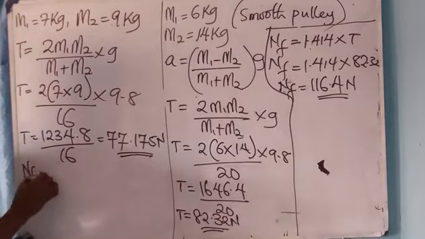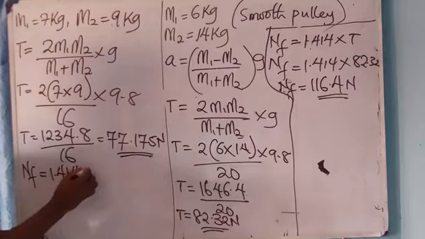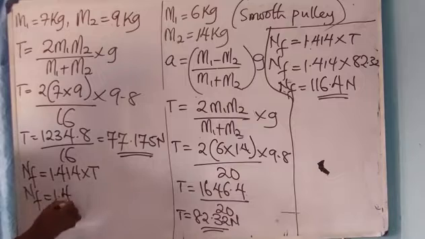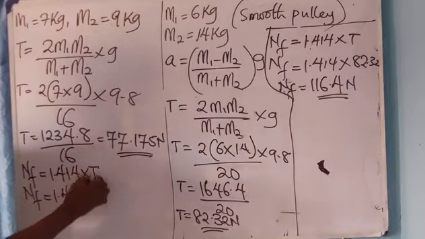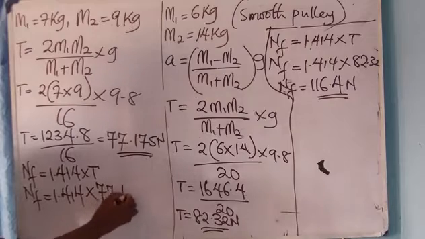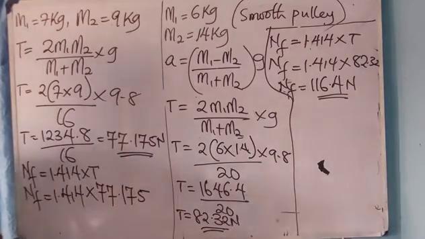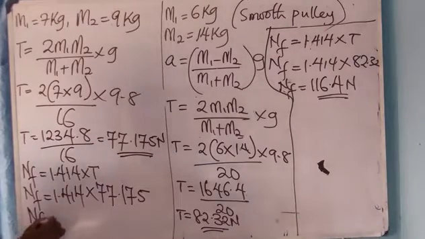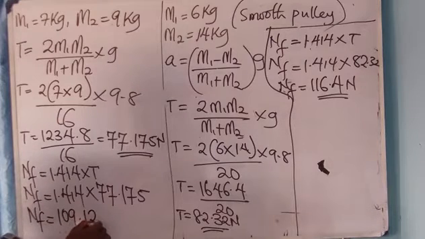Net force equals 1.414 times T. This is T. So net force now equals 1.414 times 77.175. 77.175 times 1.414 equals, so net force now equals 109.125 Newton approximately.